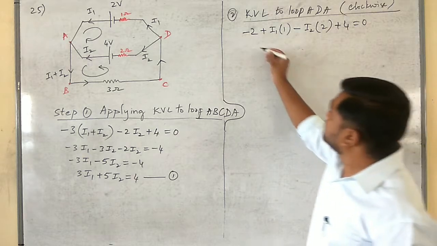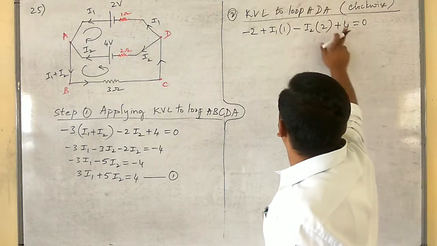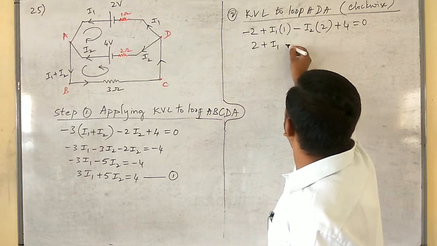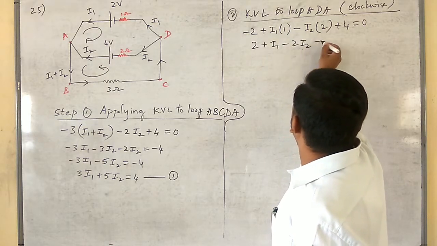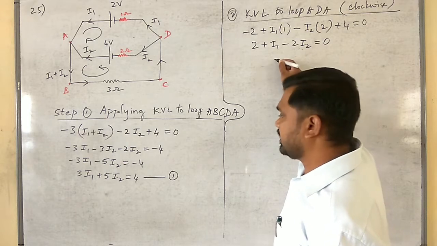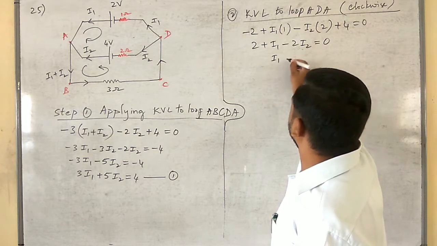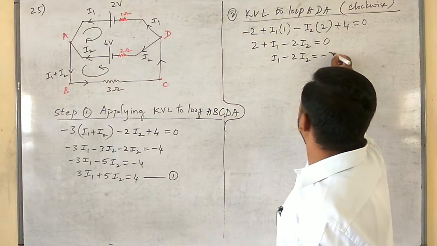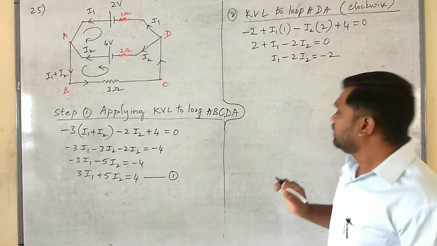Okay, next minus 2 plus 4 ಅಂದ್ರೆ plus 2 ಬರುತ್ತೆ. Plus I1 minus 2I2 is equal to 0. Otherwise I1 minus 2I2 is equal to minus 2.